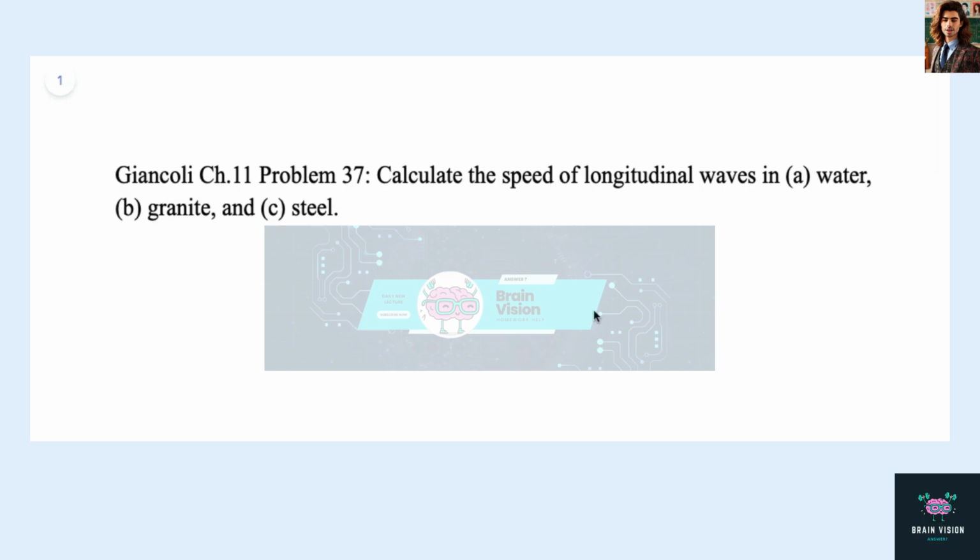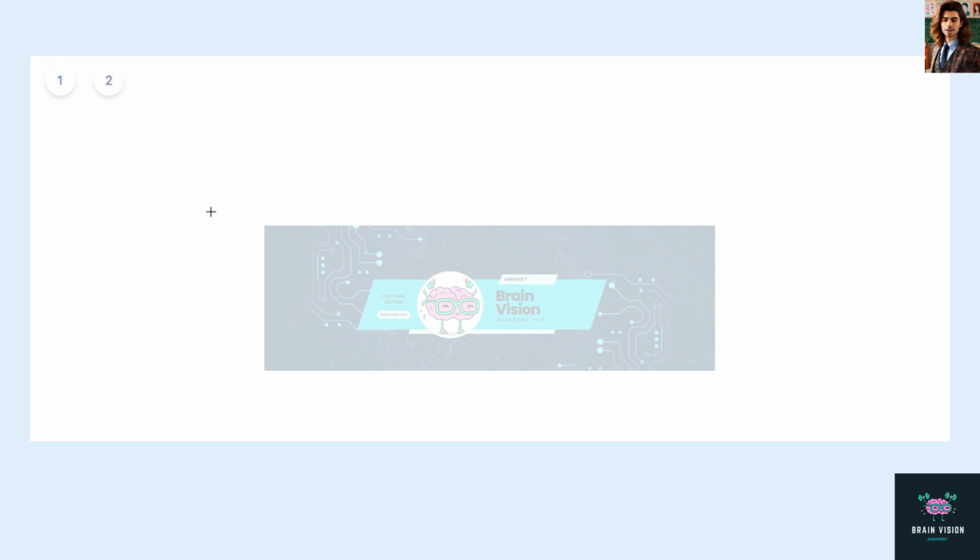This is problem 37 from chapter 11, which asks you to calculate the speed of longitudinal waves in water, granite, and steel. For this problem, you'll really need to refer to section 11-8, and in there you will find the two equations that you will need to solve this problem.